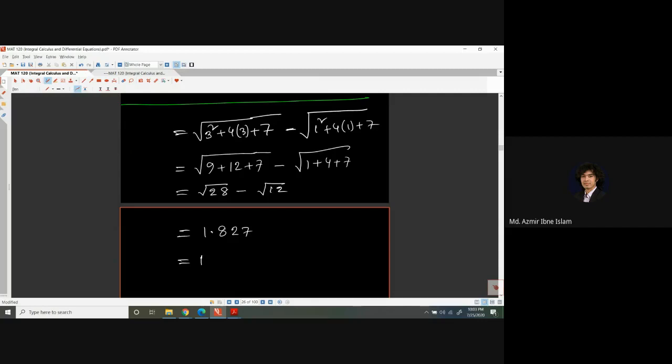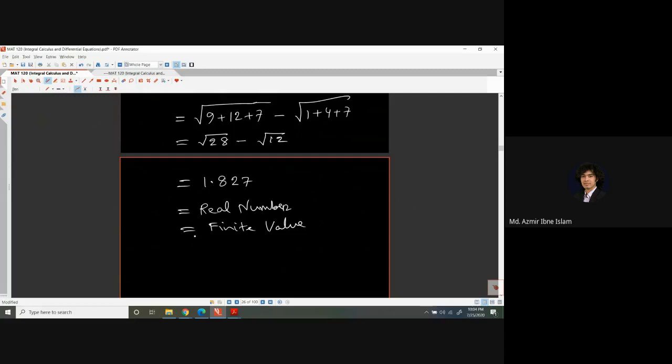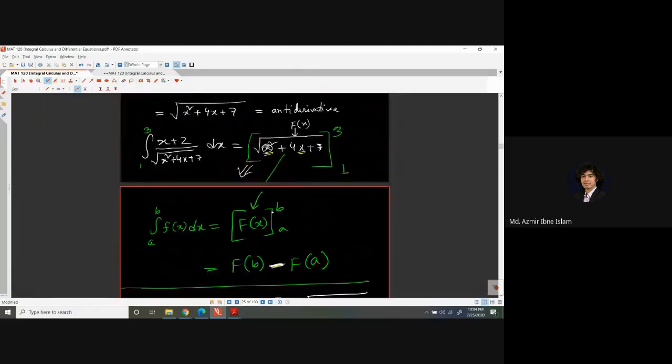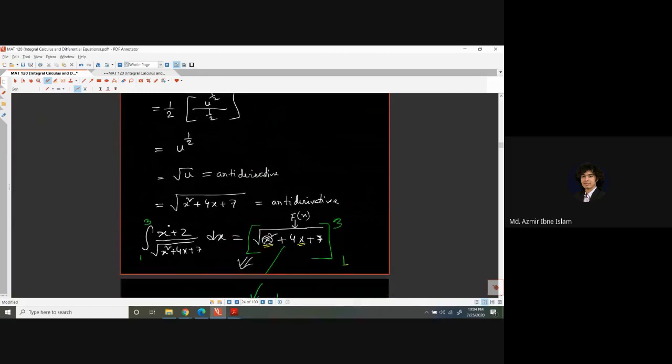That means finally we have a real number. Since we have the definite integral having a lower limit and an upper limit, finally we have found a real number or finite value that is defining the area under this function from x equal to 1 to x equal to 3.